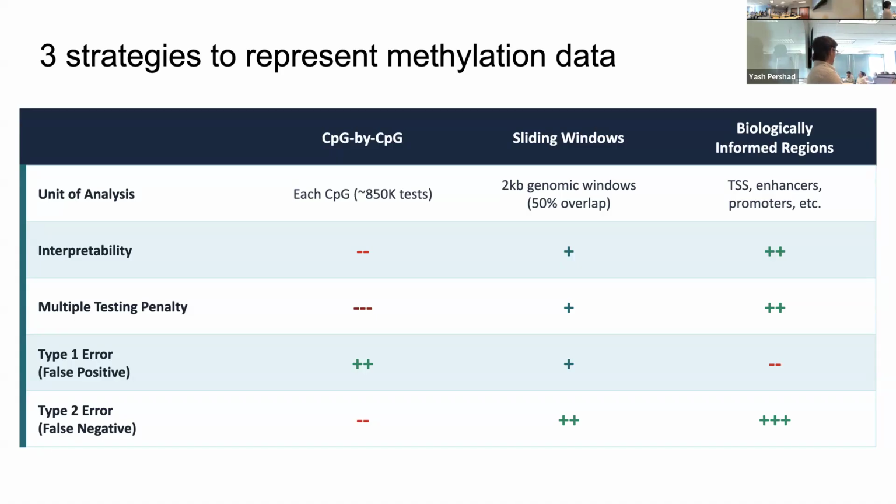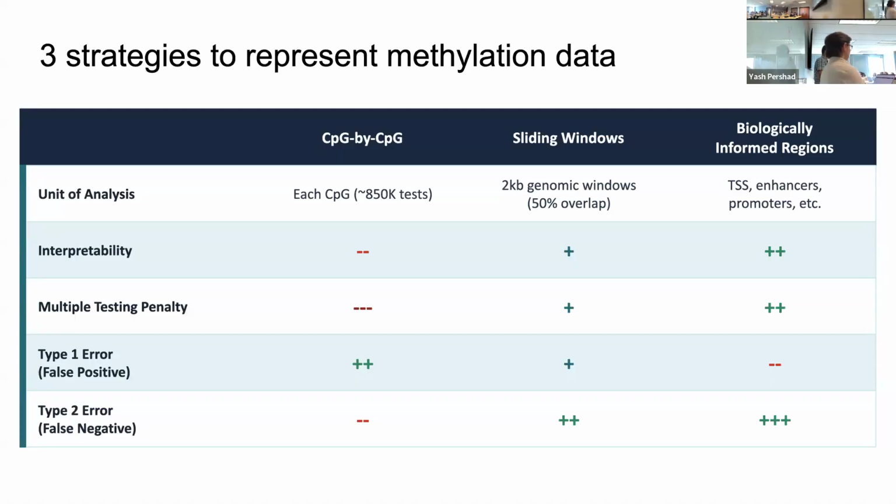The second approach is the sliding window approach. People can argue about the optimal genomic window size. I just picked a random 2 kb in this case, but you can march across the epigenome, create windows, and take the average of the CpGs in that window. People tend to have overlapping windows.